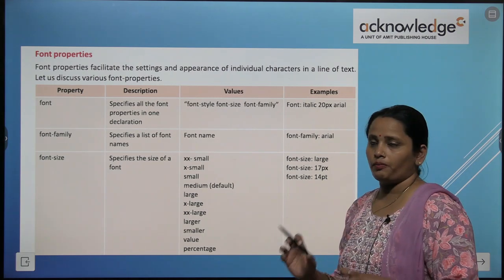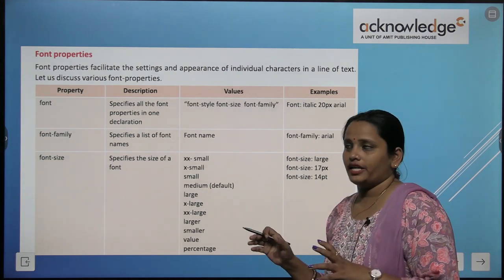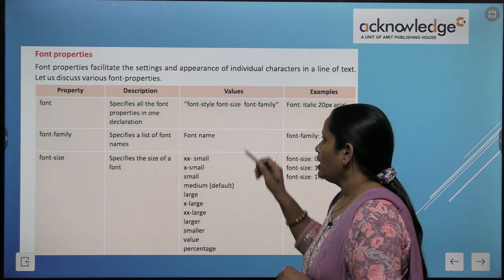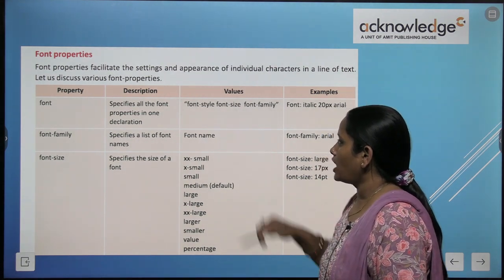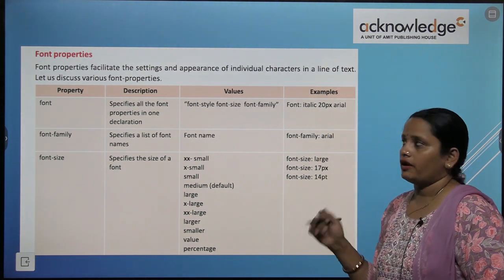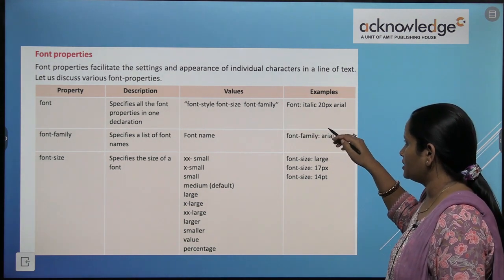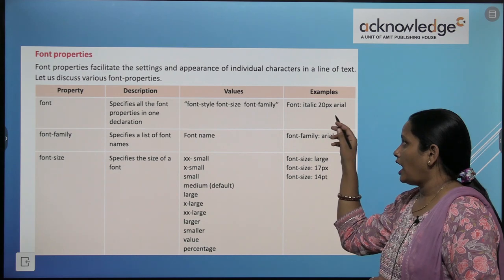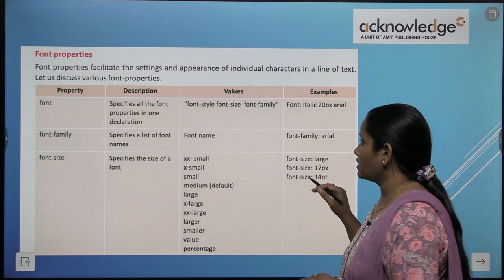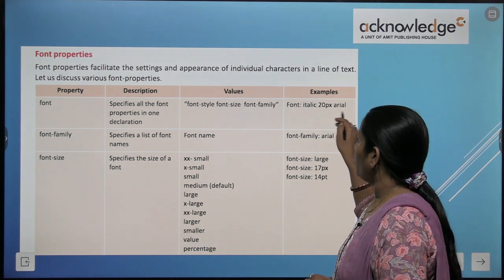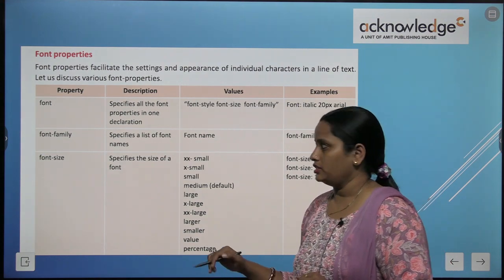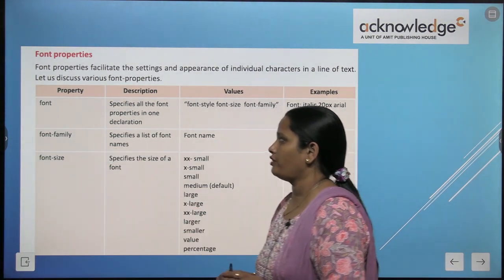So font की जो भी properties है उसको वो एक ही declaration में कर देता है. And the value is font style, font size and font family. Example is font, it should be in italics, and the size is given here, and what font we are applying, that is written here.